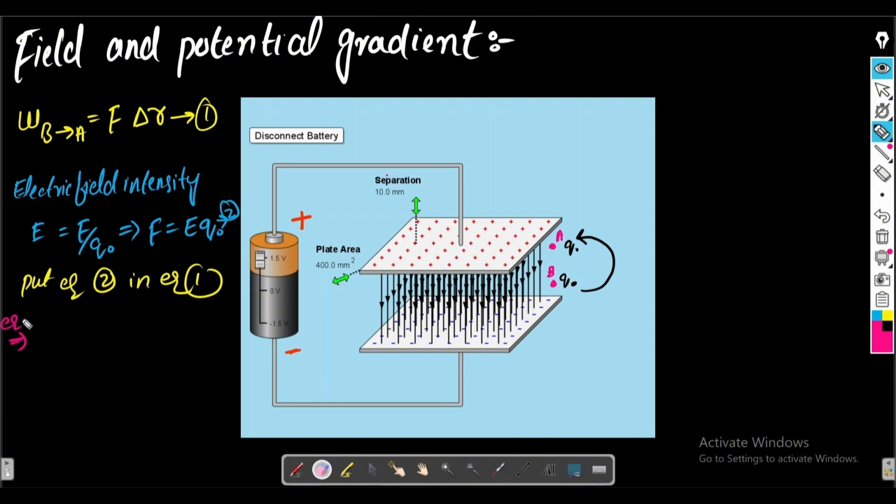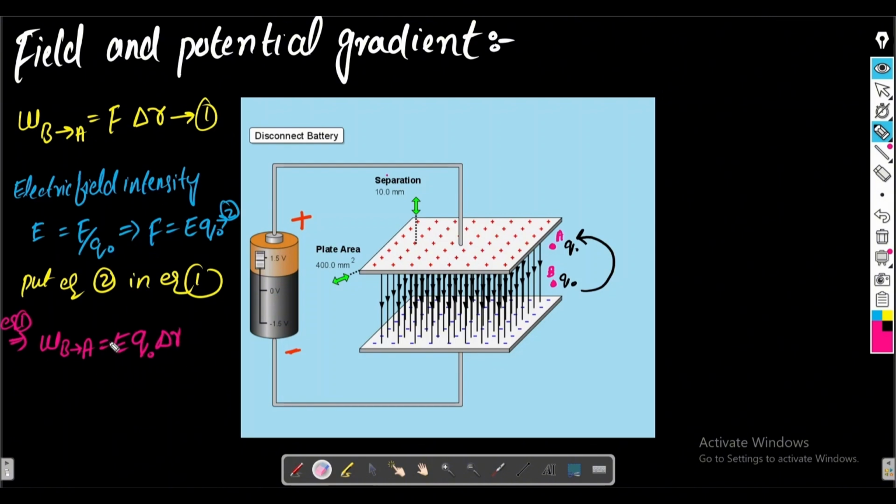Equation 1 implies that the work done from B to A is equal to F, and instead of F I will write its value, which is equal to electric field intensity E times Q0, and this del R comes in its own position.